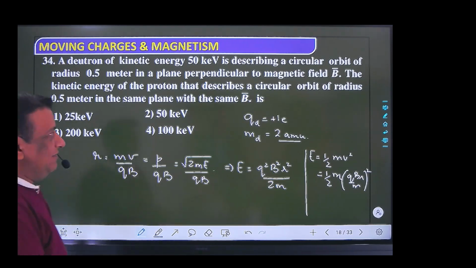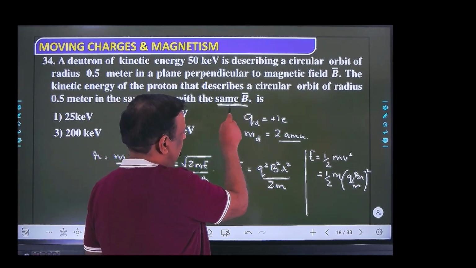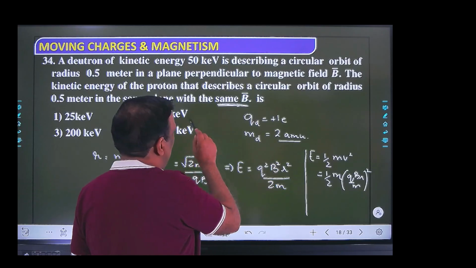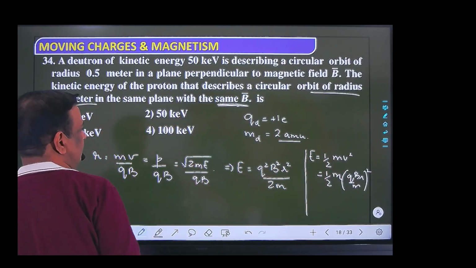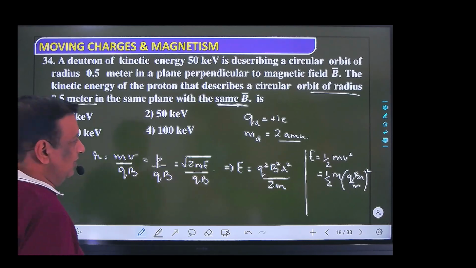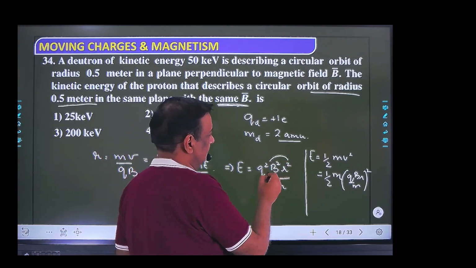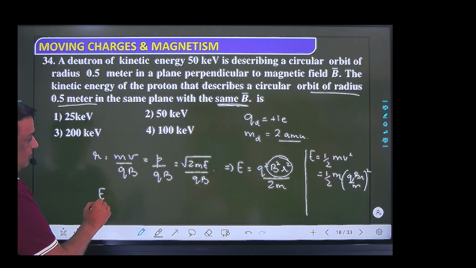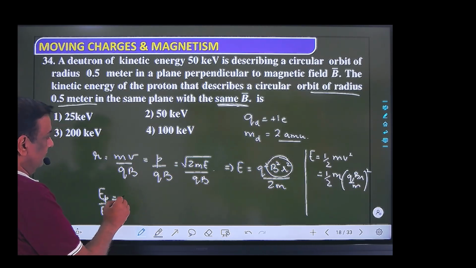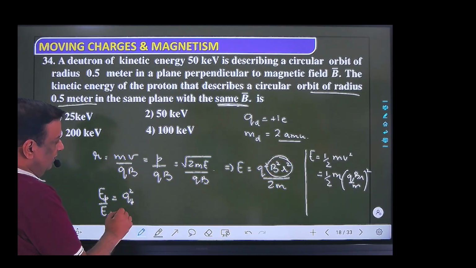हमें दिया मैग्नेटिक फील्ड सेम है, सर्कुलर ऑर्बिट का रेडियस भी सेम है 0.5 मीटर. B और r तो सेम है. We can say energy of proton to energy of deuteron is charge of proton square upon mass of proton.